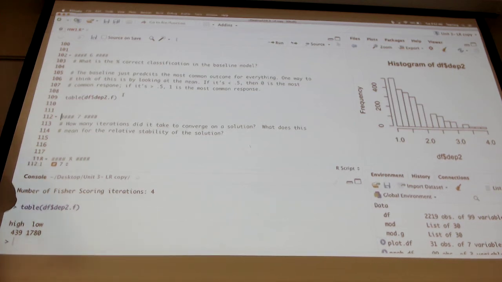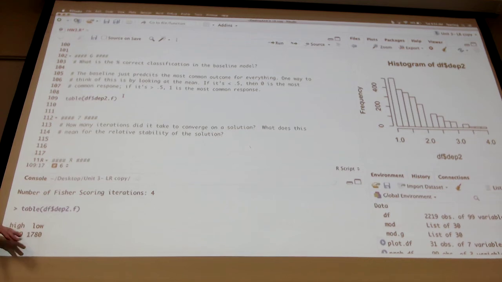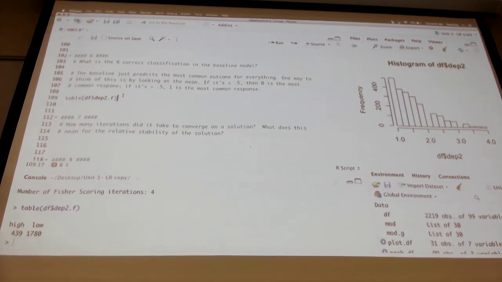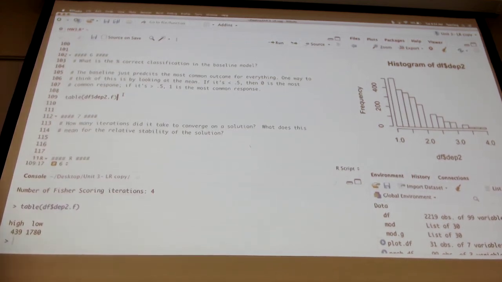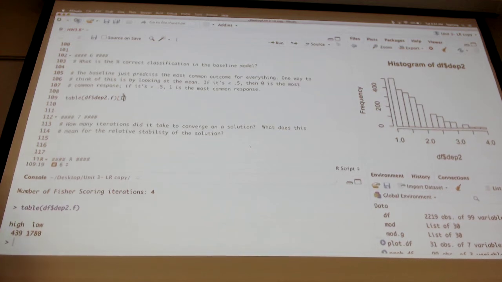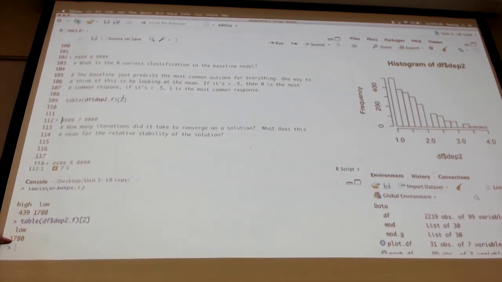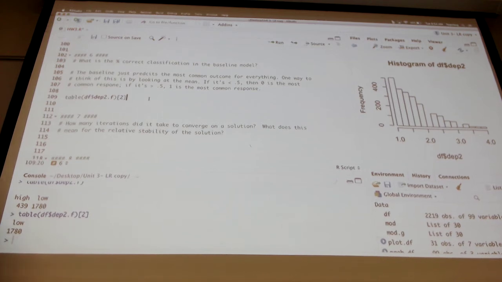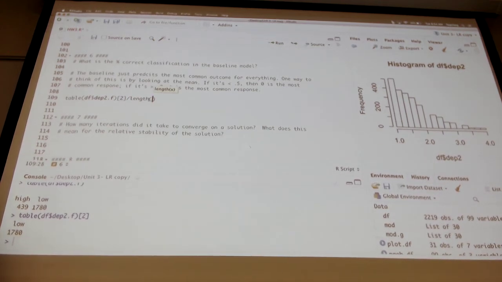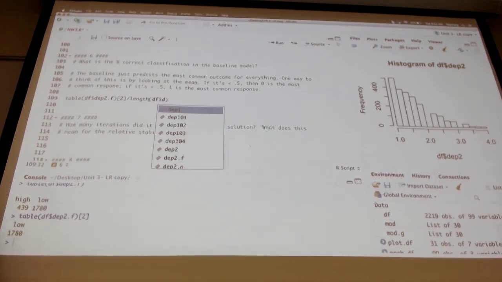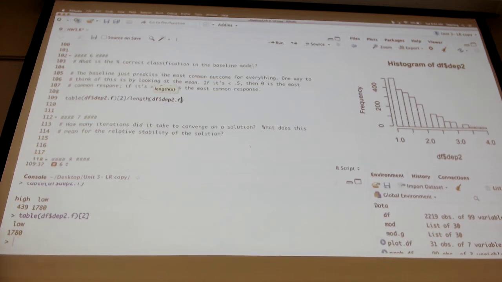If you wanted to do everything from within the data and not have to say 439 plus 1,780 to get your total, and then do 1,780 divided by the total, you could call just that first. So 1,780 divided by the length of the variable, and we'll multiply that by 100.